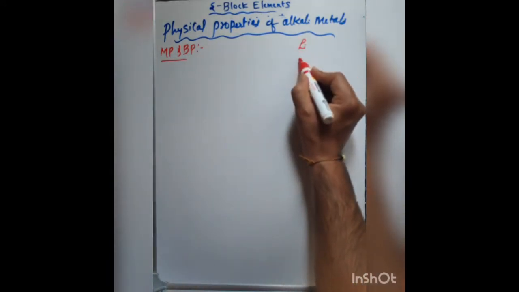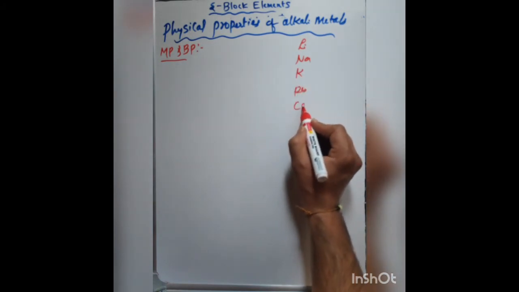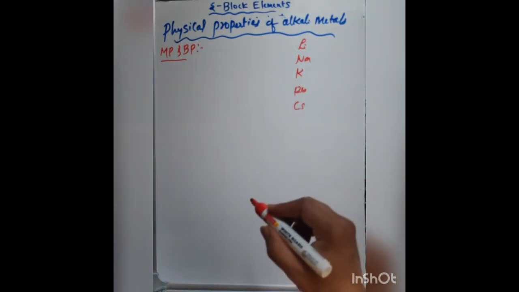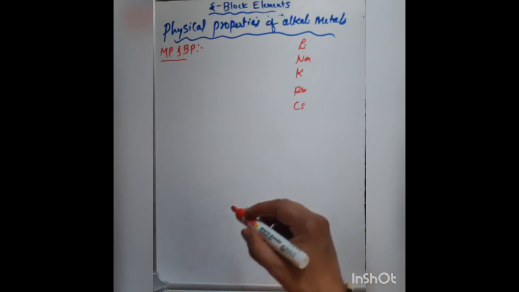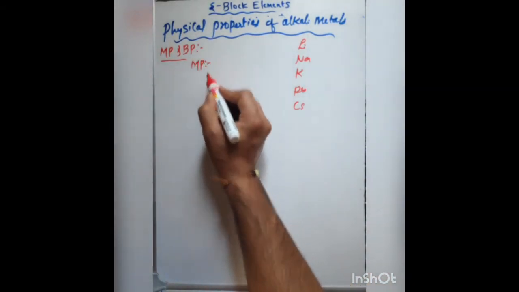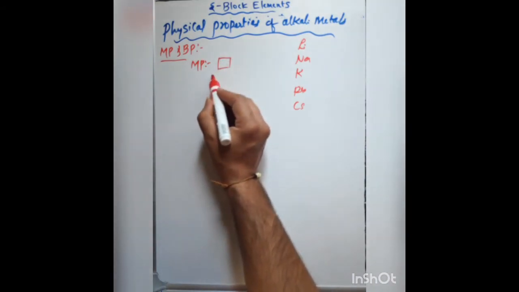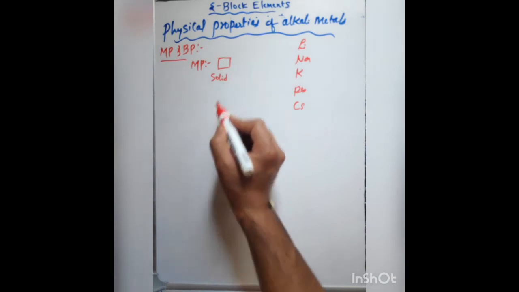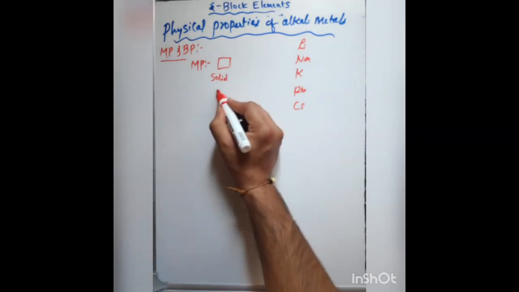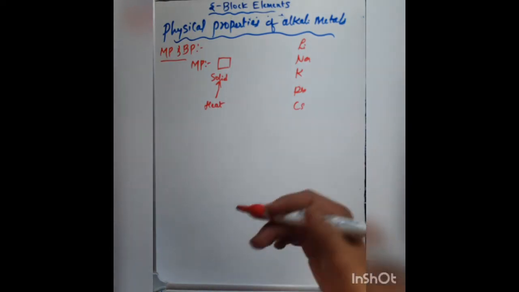So melting point, what can be the meaning of the melting point? So you will be having a solid, and you will start to heat this solid. You are going to heat it continuously.